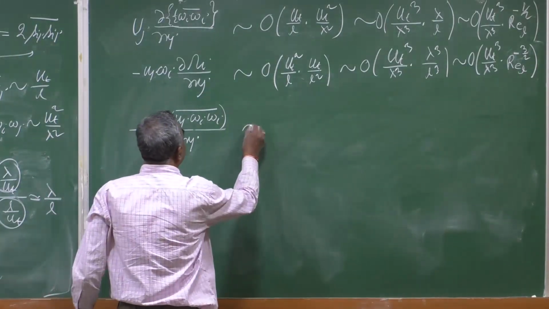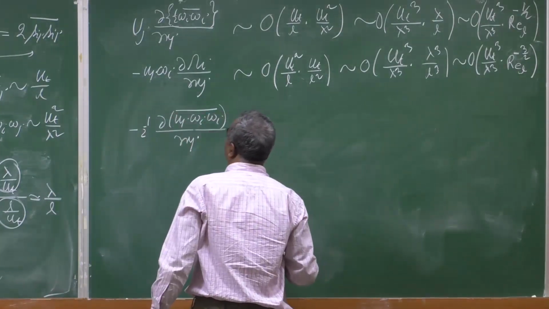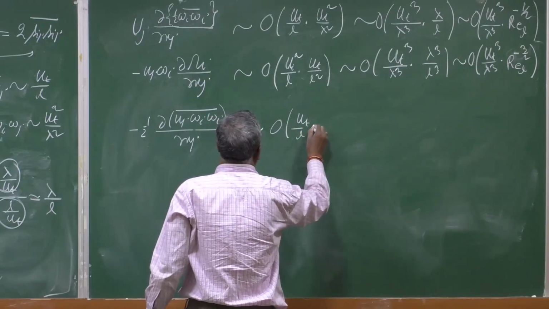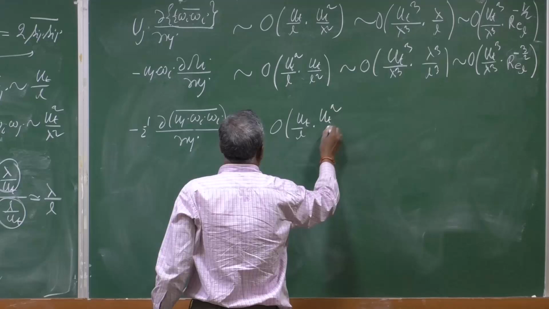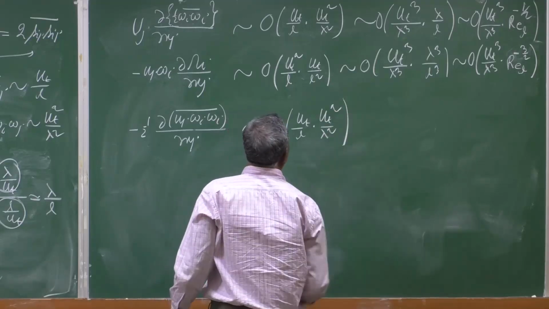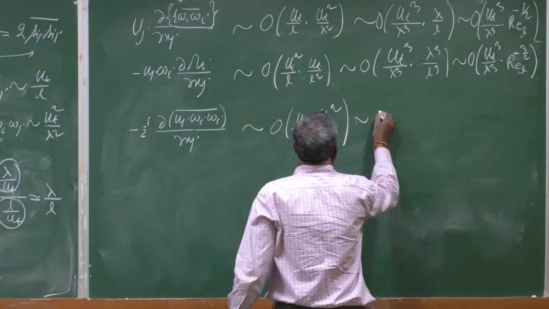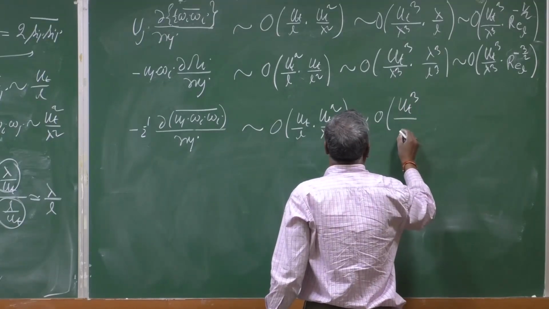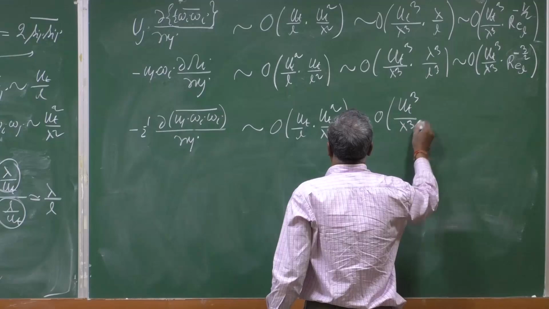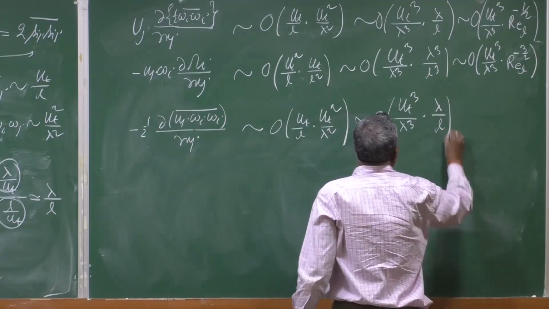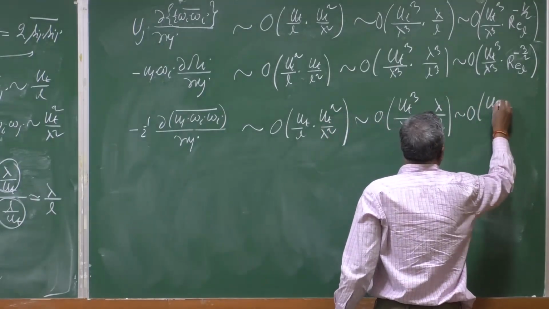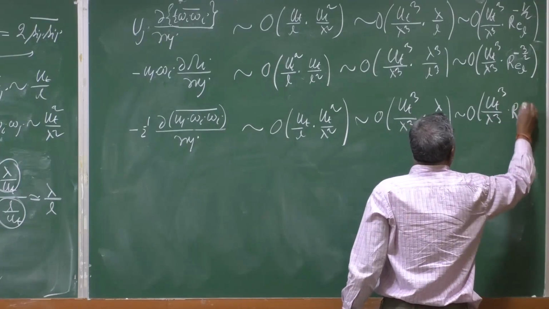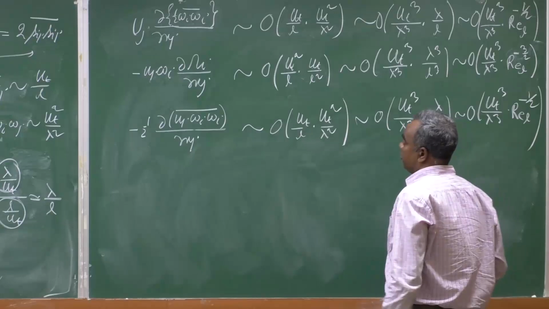So, if we find the order of magnitude of this particular term, this is going to be order of u_t by L into u_t square by lambda square, okay, which is of the order of u_t cube by lambda cube and lambda by L, which is of the order of u_t cube by lambda cube Re_L to the power of minus 2.